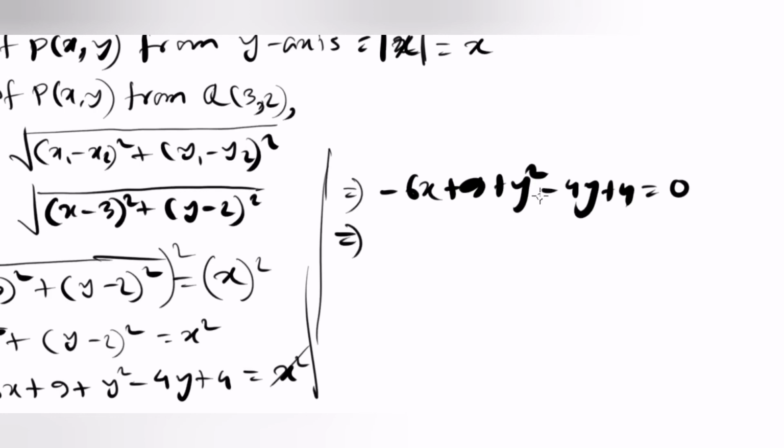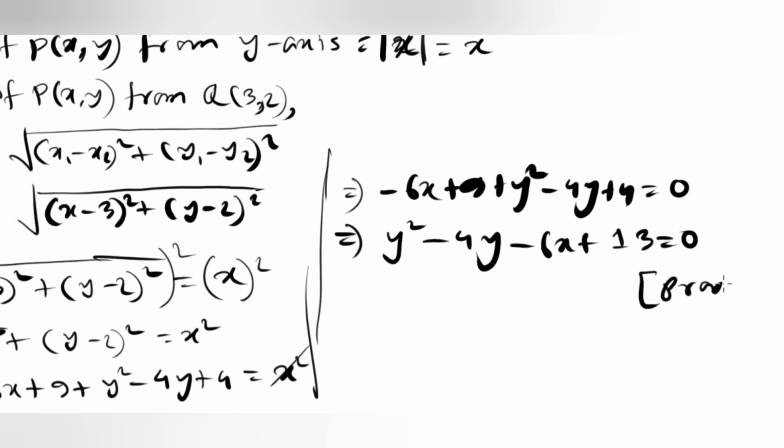Now we just need to arrange it: y square, then minus 4y, then minus 6x, and 9 plus 4 is plus 13. This is the shape they are asking, so it has been proved.